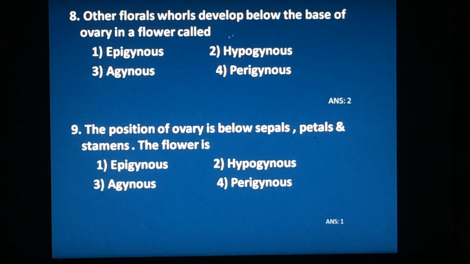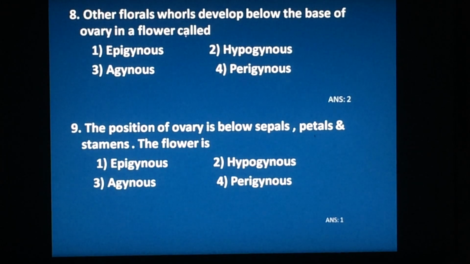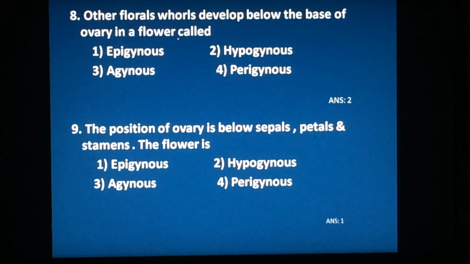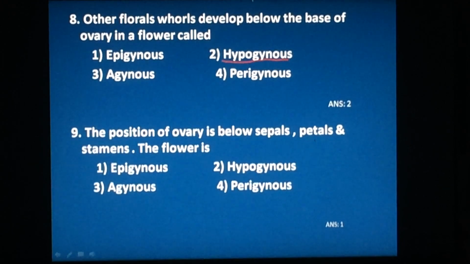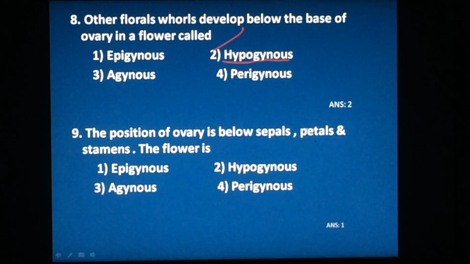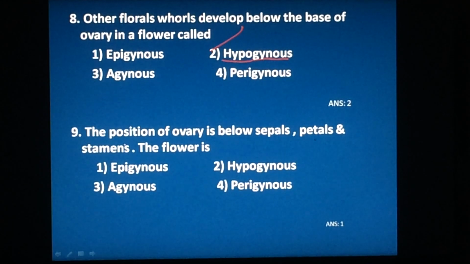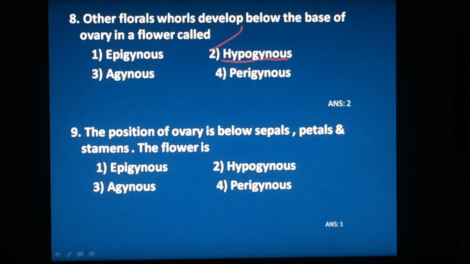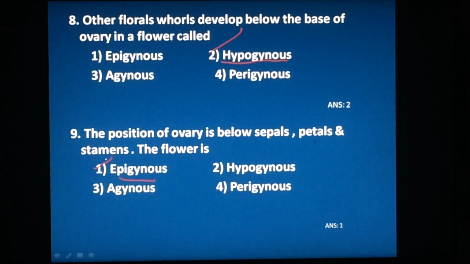Then other floral whorls develop below the base of the ovary in a flower is called. Hypogynous, superior ovary. Ninth one. The position of ovary is below sepals, petals, stamen. Then what you can call it is epigynous. Epigynous, inferior ovary.